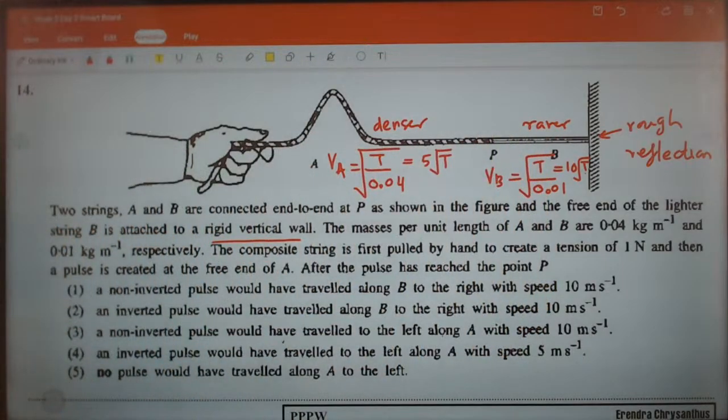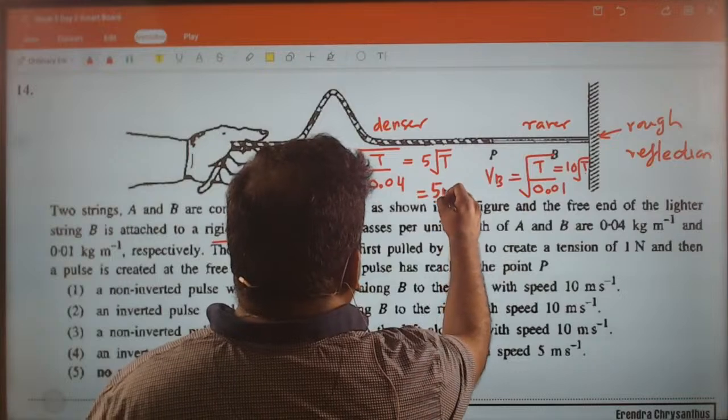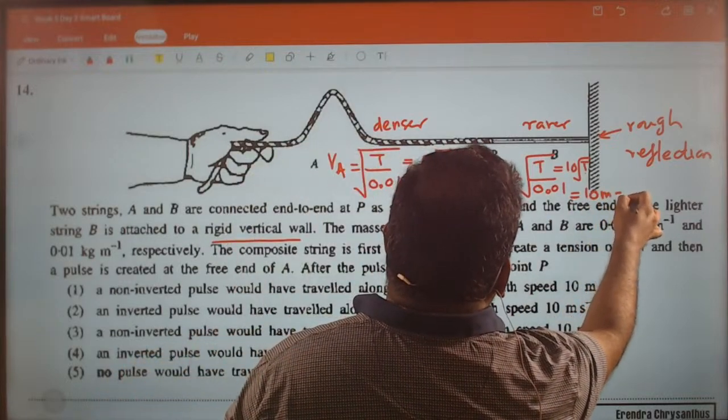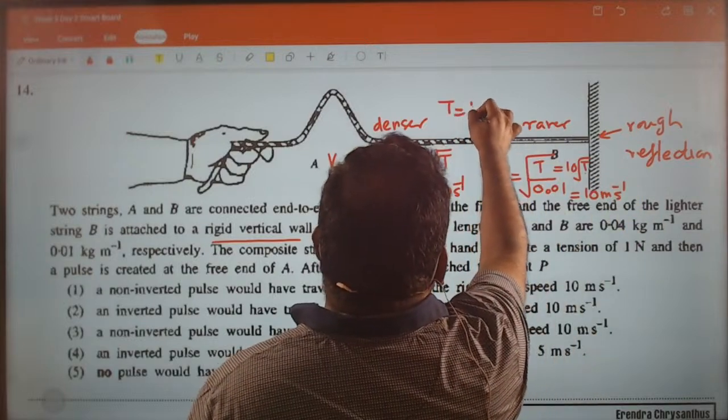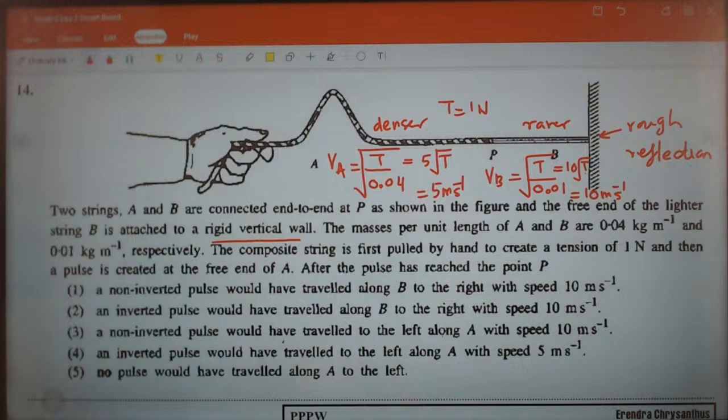The composite string is first pulled by hand to create 1 Newton tension. So with 1 Newton tension acting, this is 5 meters per second and this is going to be 10 meters per second. Very simple. Tension is equal to 1 Newton. After the pulse has reached point P, what will happen?